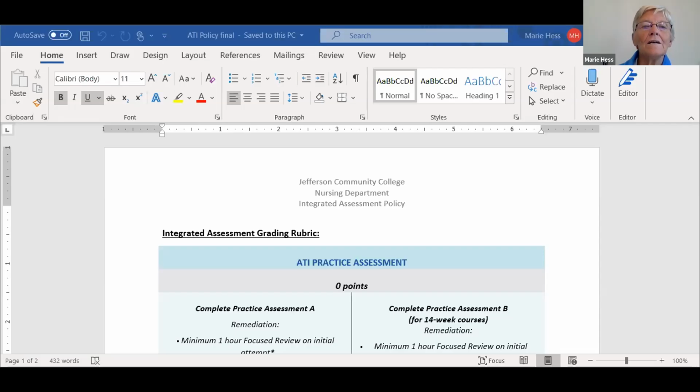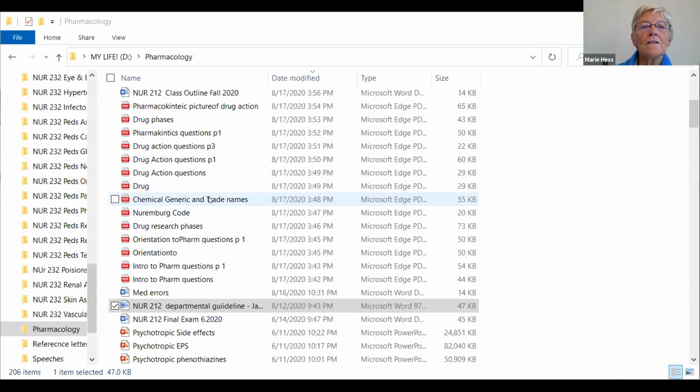Okay. Now I've got to figure out, hold on a second. I've got to go back out to share screen. Sometimes it does not work. I didn't load the whole thing.